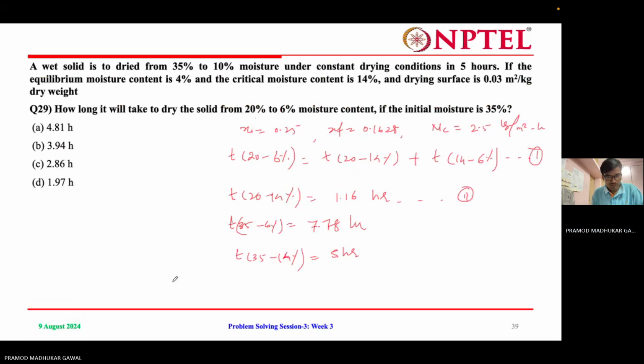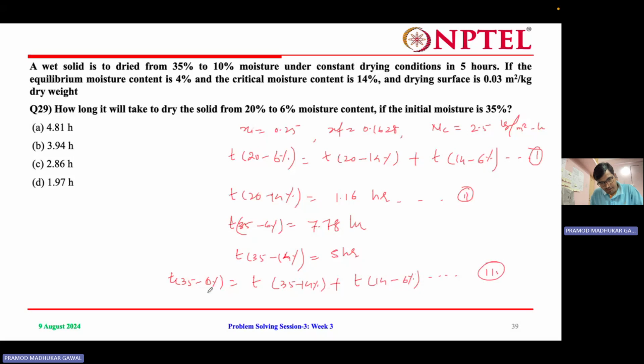Now T from 35% to 6% is equal to the time required from 35% to 14% plus T from 14% to 6%, right? This is equation number 3. So the time required from 35% to 6% is 7.78 hours, and the time required from 35% to 14% is 5 hours.